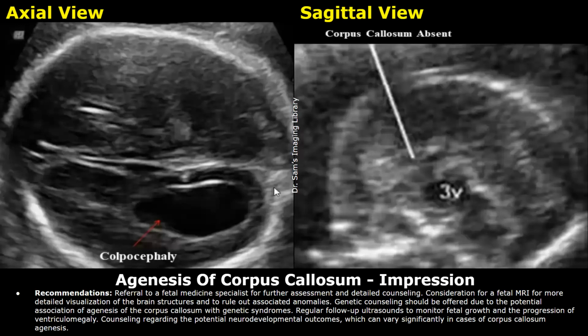Regular follow-up ultrasounds to monitor fetal growth and the progression of ventriculomegaly. Counseling regarding the potential neurodevelopmental outcomes, which can vary significantly in cases of corpus callosum agenesis.